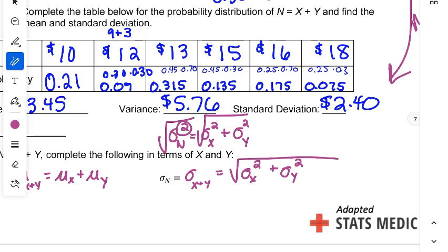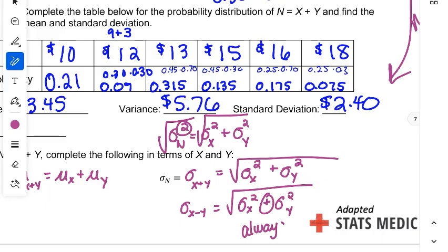And this also works for x minus y. You actually use the same formula. We don't subtract, so always positive, always plus.